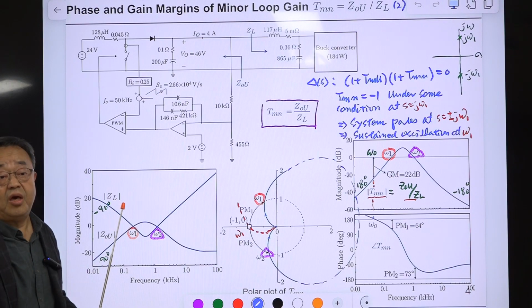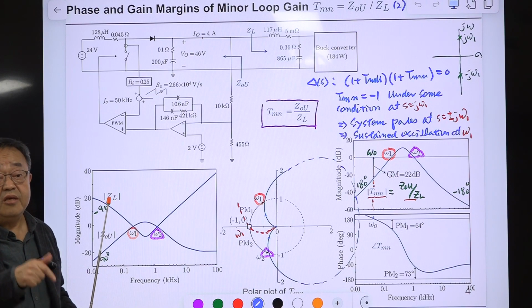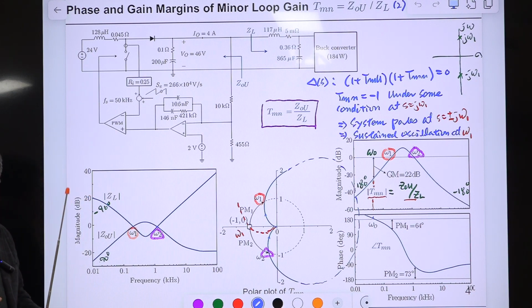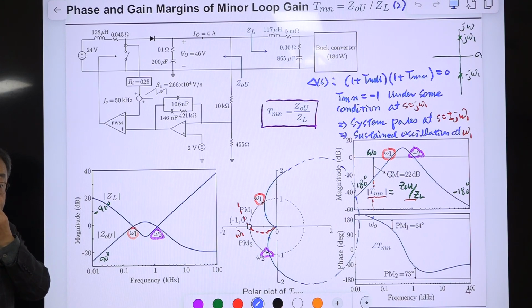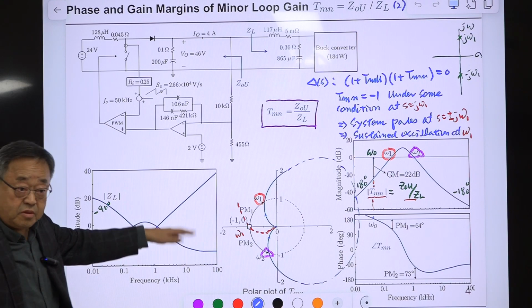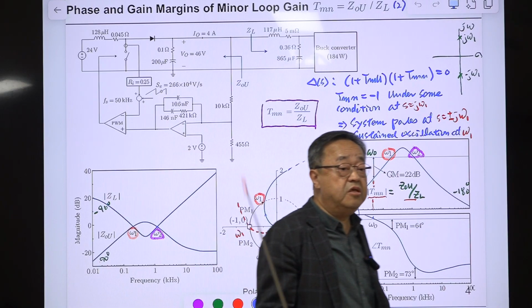But if we increase the gain further, it starts generating sustained oscillation, and if you increase further, it generates growing oscillation.